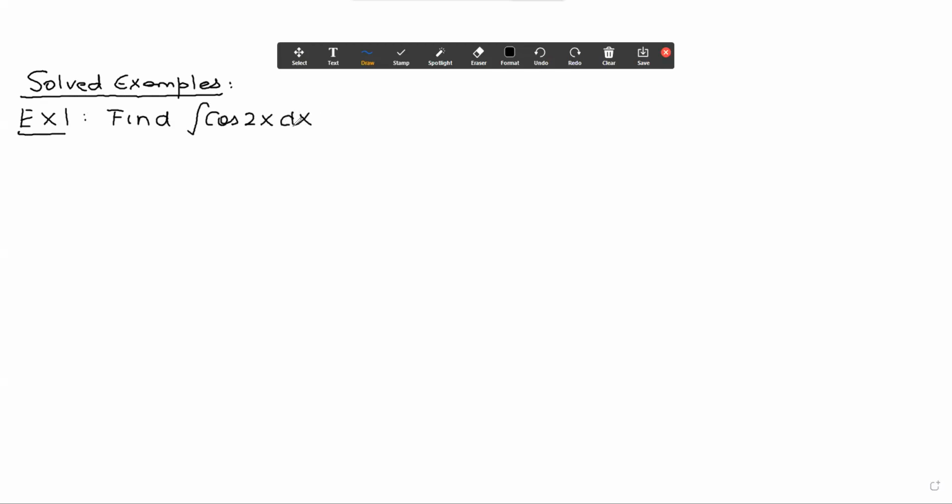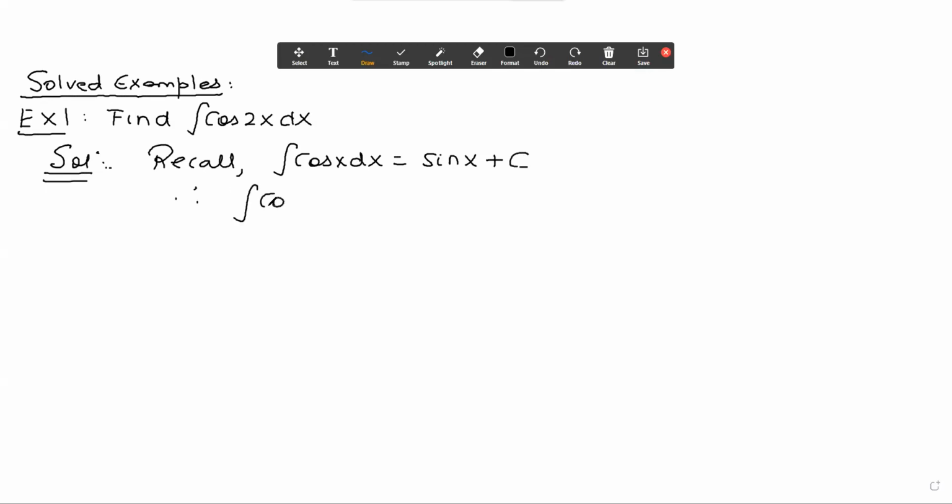Now from the chart which all the students have made, the formula which I have given to you, recall that integral of cos x dx is sin x plus c. Therefore, integral of cos 2x dx will be sin 2x. In differentiation, you used to multiply by 2. In integration, you will divide by 2. You will just do the reverse.